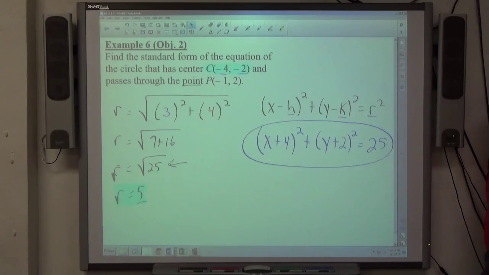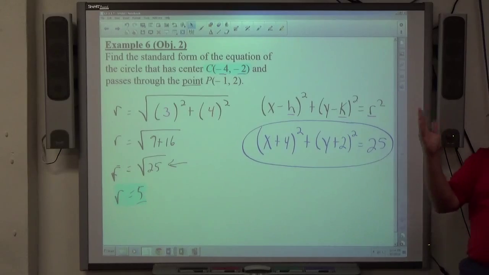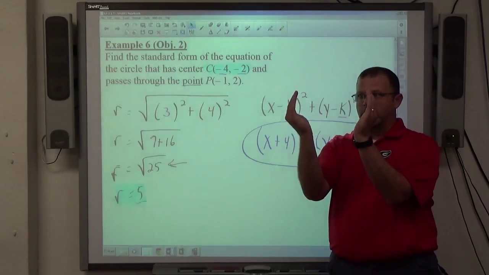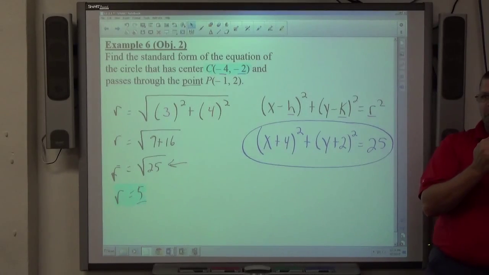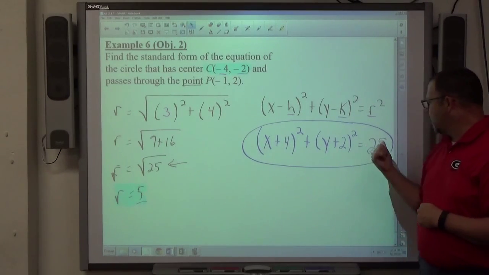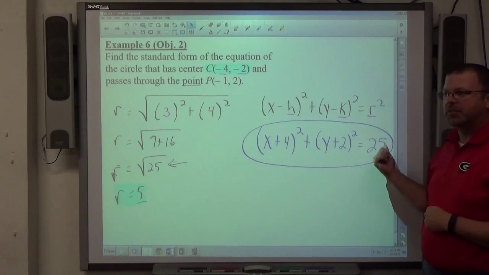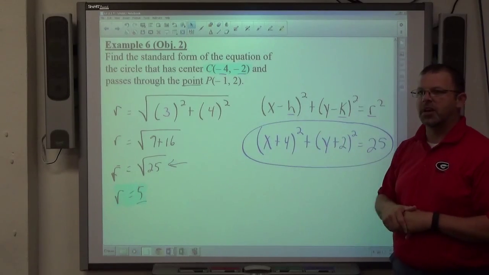That's what I'm looking for in an answer every single time. The correct structure, squares where they're supposed to be, parentheses, x with its center number in parentheses squared plus y with its center number squared equals radius squared. I don't want to see 5 squared here, I want to see 25. I don't want to see the squares missing or the plus sign missing.